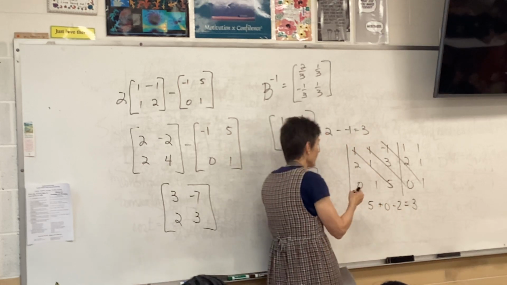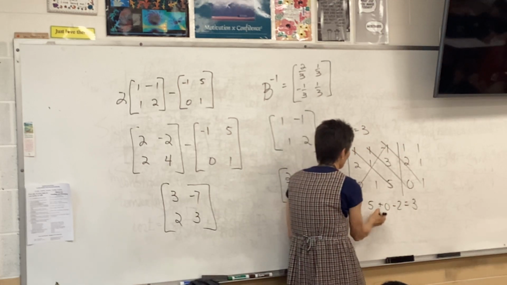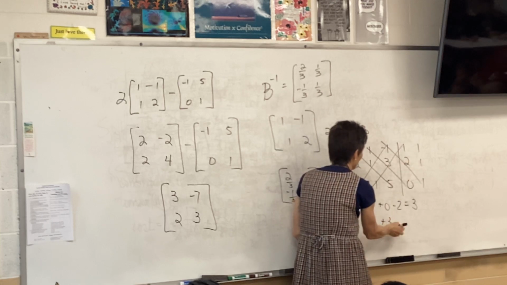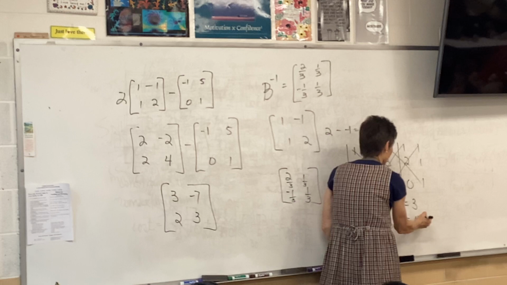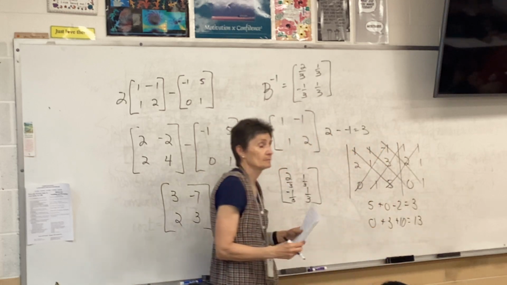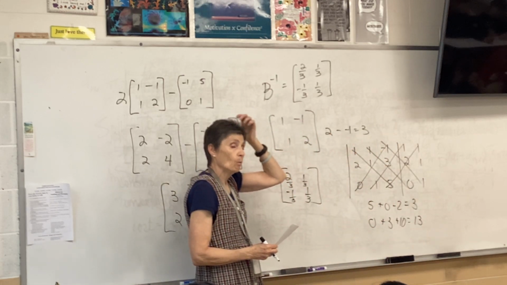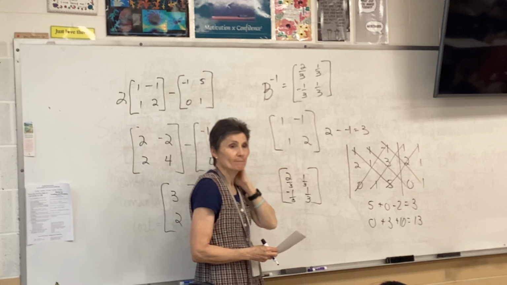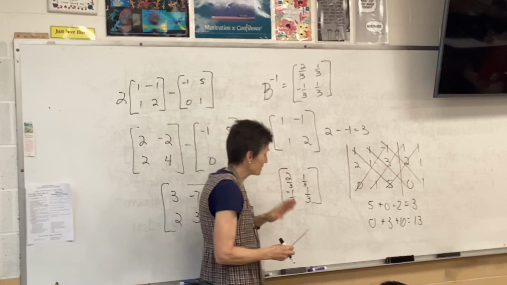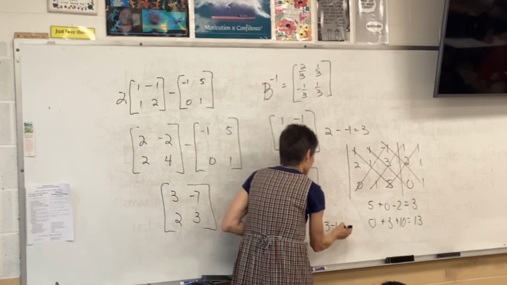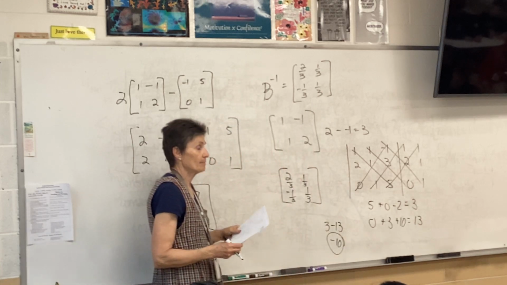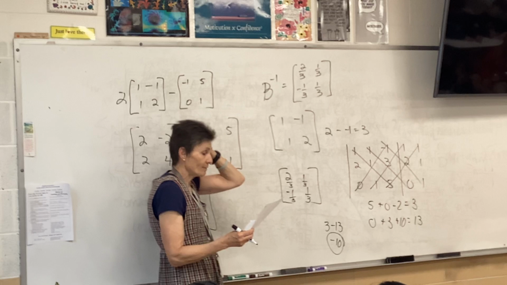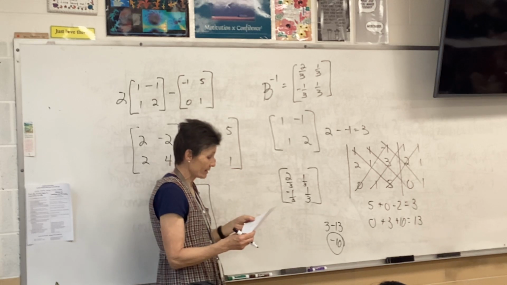I'm gonna turn around and go the other way. 0, 3, and 10. So I got 13. Now what do I do with those two numbers? Subtract. So the answer is 3 minus 13, which is -10. The determinant value is -10.